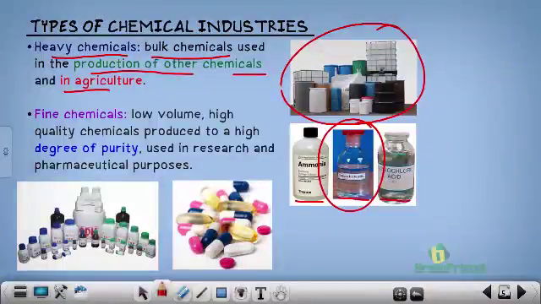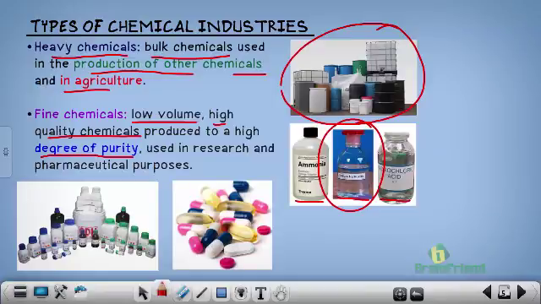Fine chemicals. These are low volume, high quality chemicals produced to a high degree of purity, used in research and for pharmaceutical purposes. So unlike the heavy chemicals that produce substances in bulk, fine chemicals produce substances in relatively small quantities.